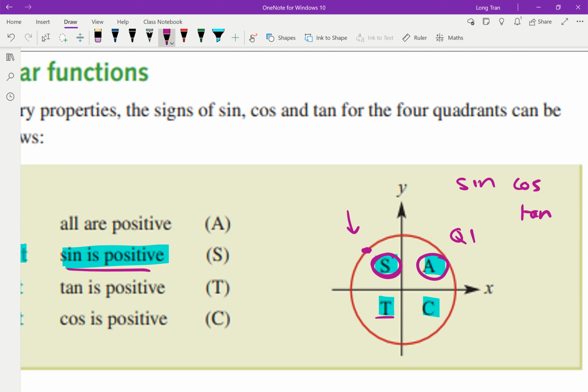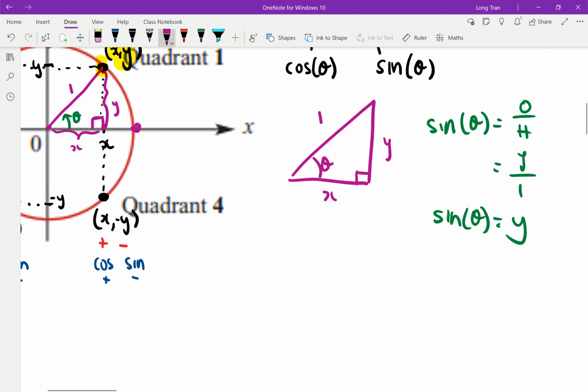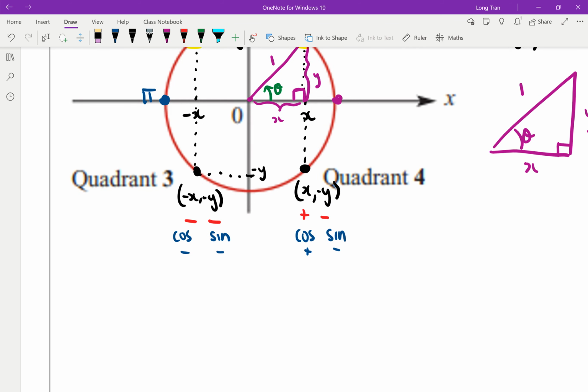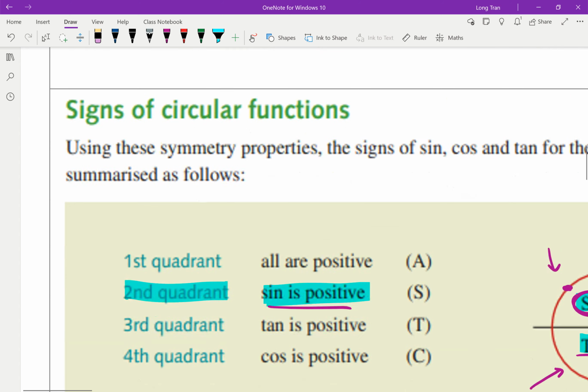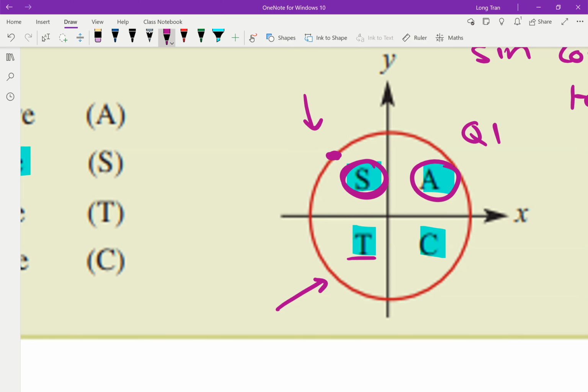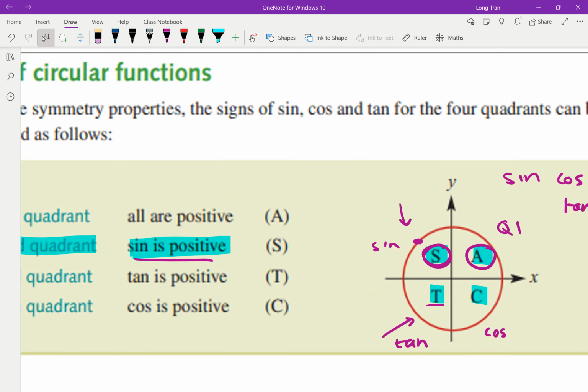T for tan is only positive in this quadrant because both sine and cosine are negative over here. So only tan is positive here, only sine is positive here, and only cos is positive here. You can memorize this chart. This is how it's normally taught.